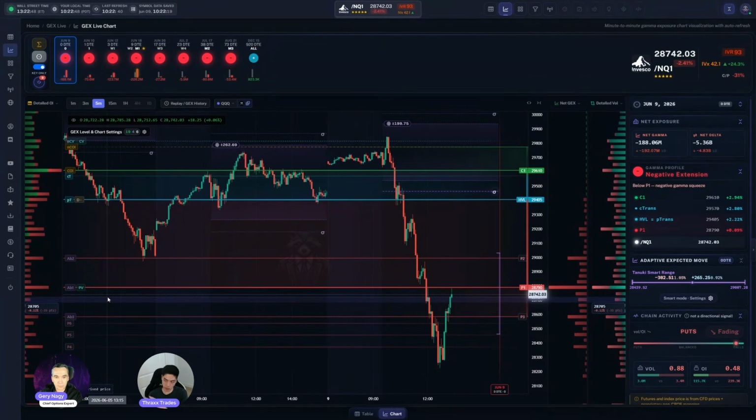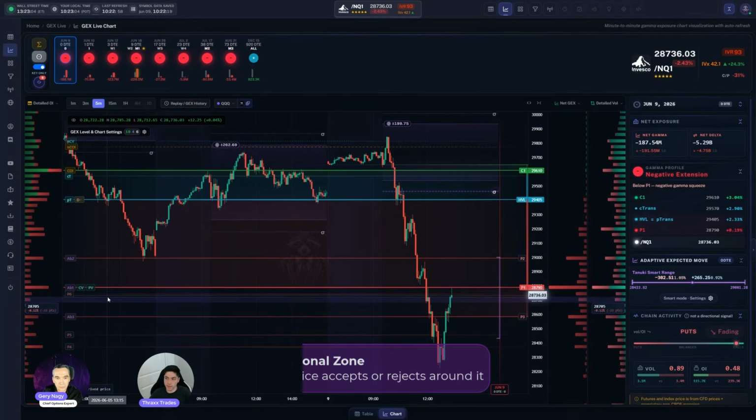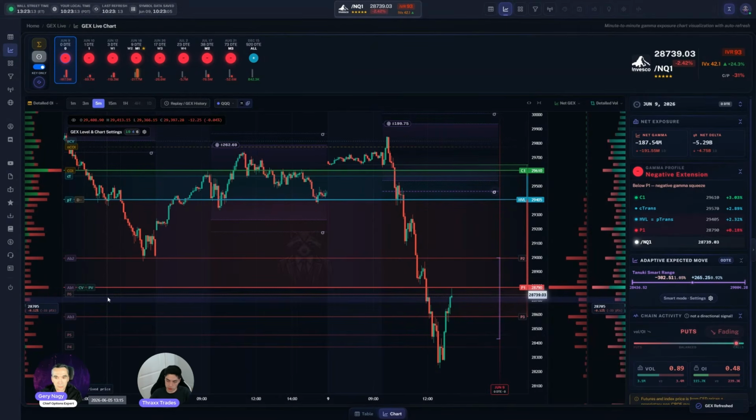The way that we actually have it marked out here in Tanuki's platform is in terms of a transitional zone. Now, in the event that the HVL is sitting in a location that matters in terms of the rest of my framework, I do pay attention to how the tape or the auction is actually resolving in this area.